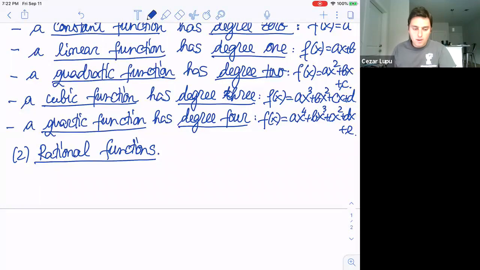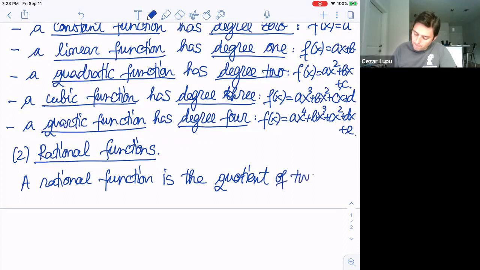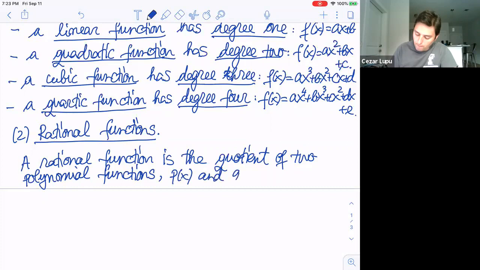A rational function is the quotient of two polynomial functions, let's say p of x and q of x.